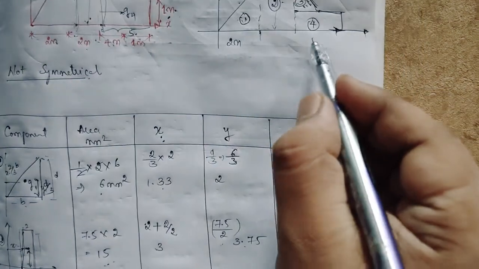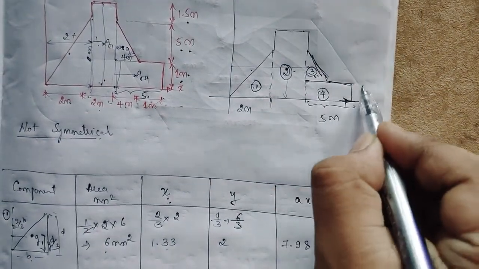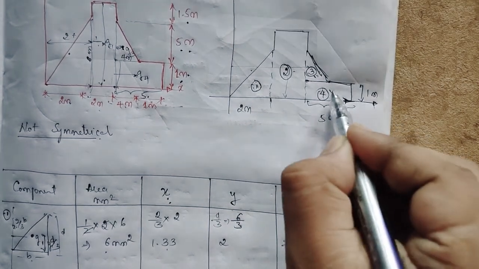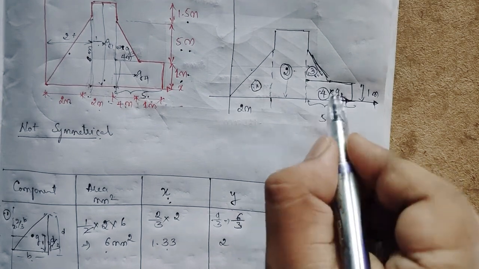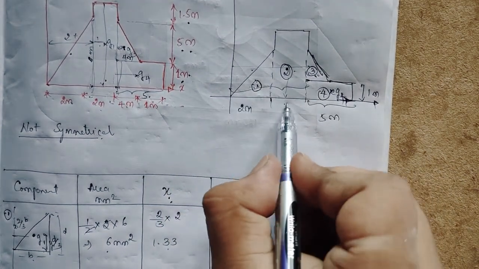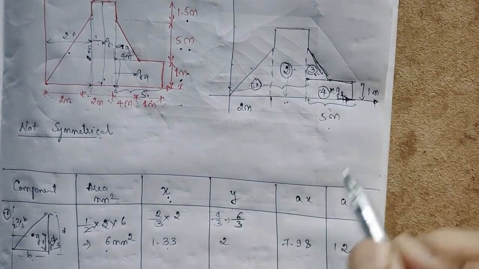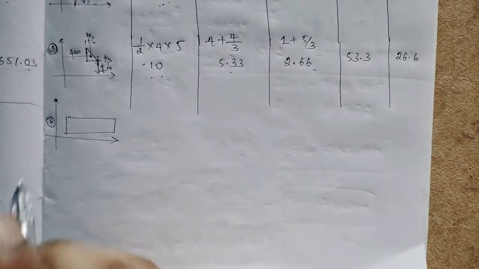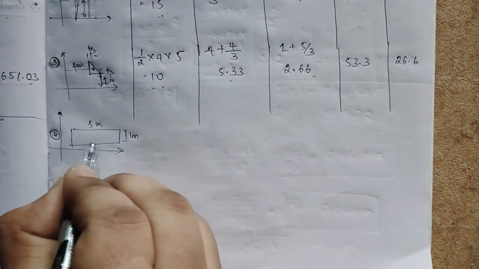Here you see, this full is 5 meter and this is 1 meter. So here the G4 will be the center of this rectangle. I have to add 2 plus 2, 4, plus 5 by 2 for x. For y it is directly 1 by 2.